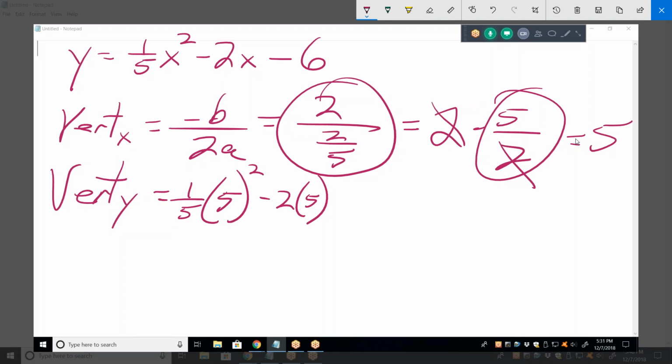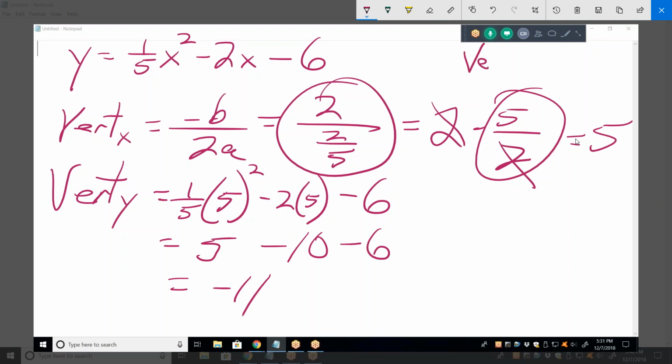And I recommend doing it this way rather than trying to do any of this in your head. So 5 squared is 25. 1/5 of 25 is 5, minus 10 minus 6 is minus 11. So our vertex is at 5 comma minus 11.